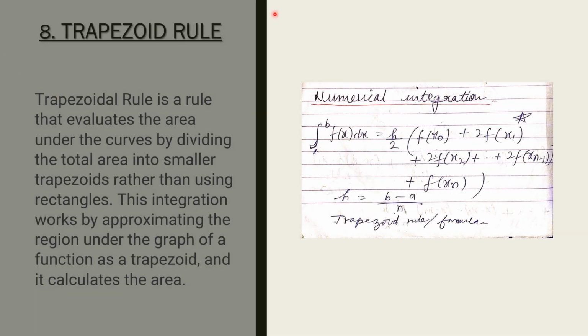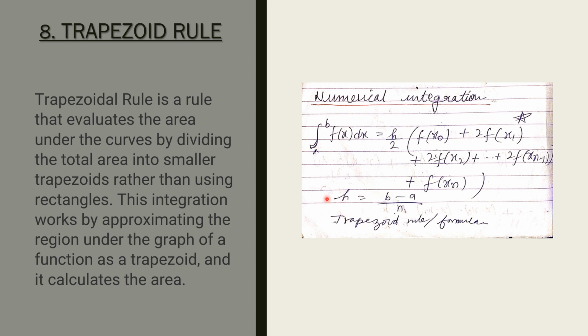Beginning with the trapezoid rule, it's basically used to evaluate the area under the curve by dividing the total area into smaller trapezoids rather than using rectangles. It works by approximating the region under the graph of a function as trapezoids and calculating the area. It's quite simple.